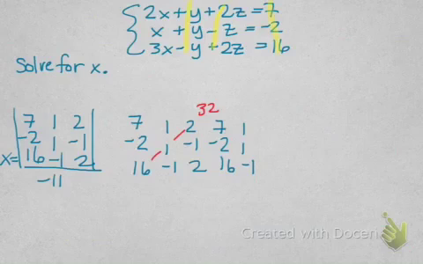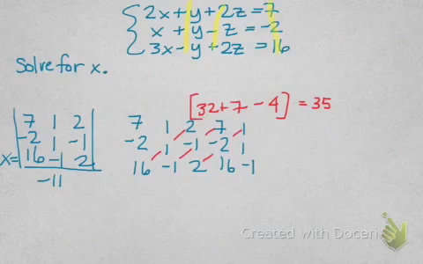16 times 1 times 2, -1 times -1 times 7, 2 times -2 times 1: 32, 7, and -4. So that equals 35. Okay, 7 times 1 times 2, 1 times -1 times 16, and 2 times -2 times -1. We get 4.